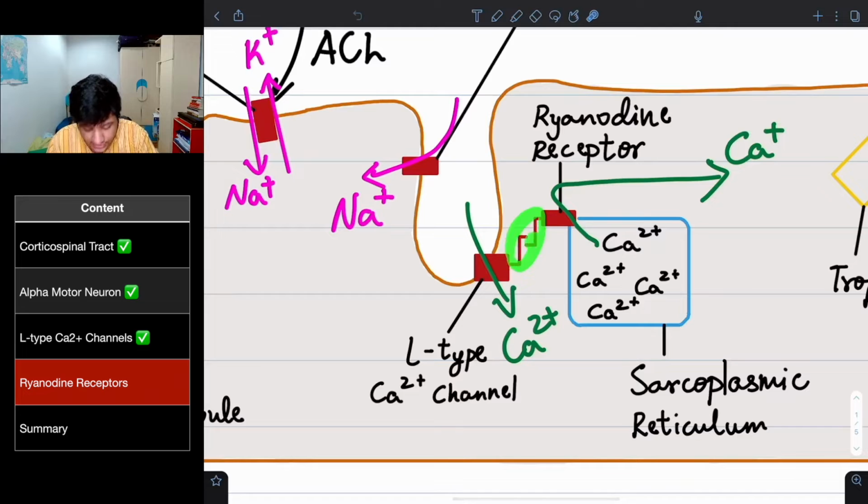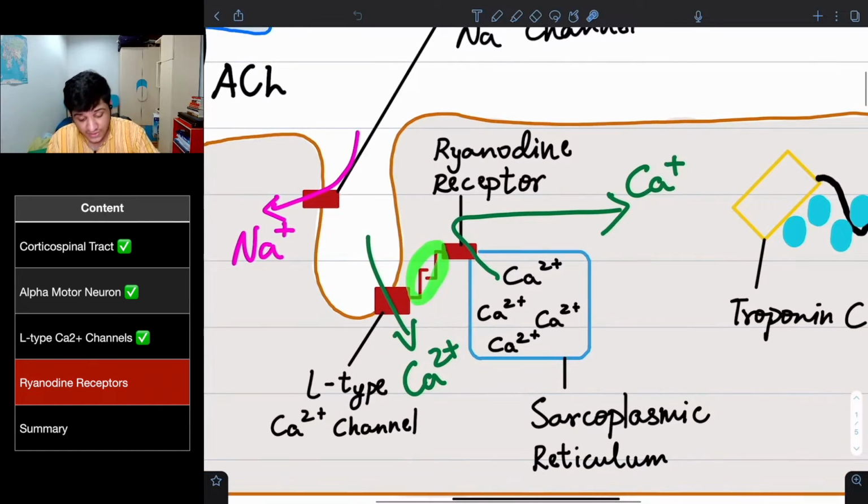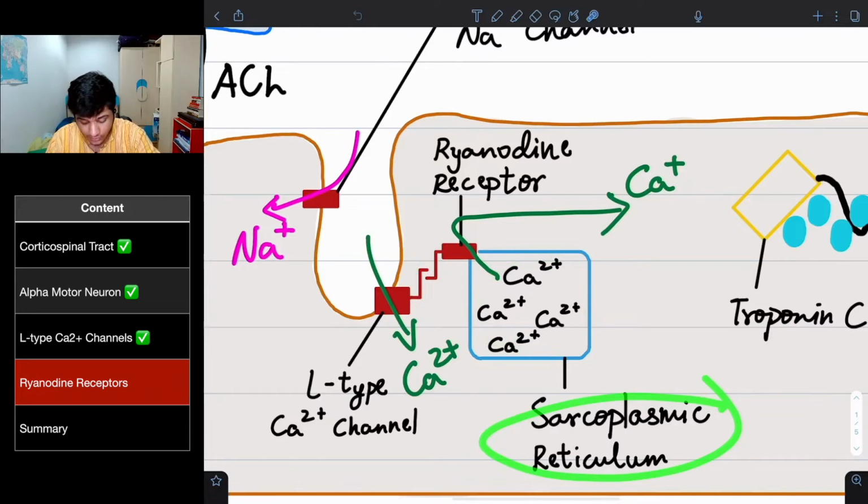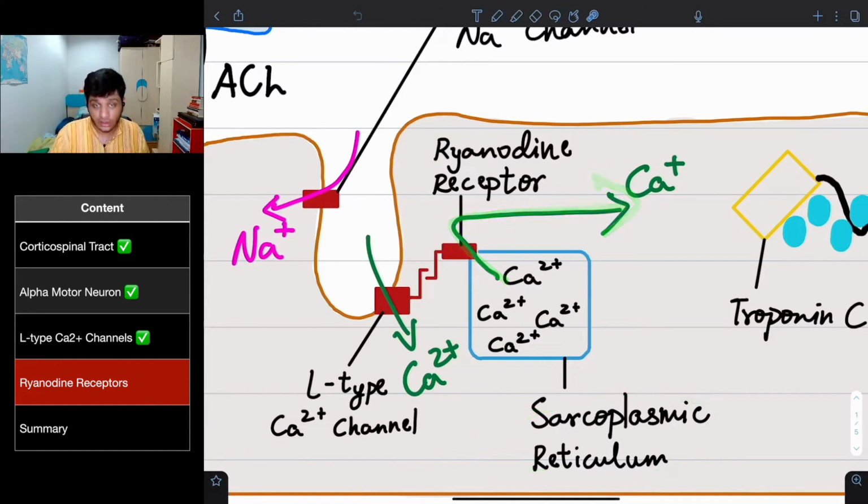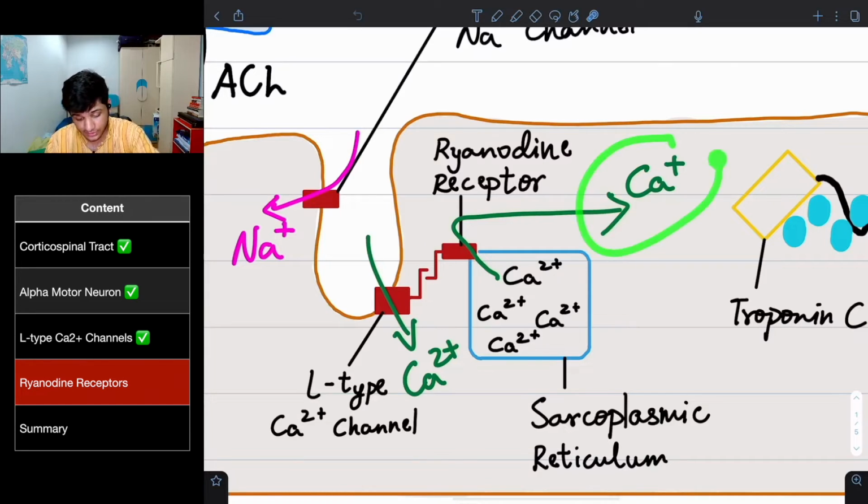Because of this mechanical interaction, the calcium ions stored in the sarcoplasmic reticulum move out of the SR into the cytoplasm.